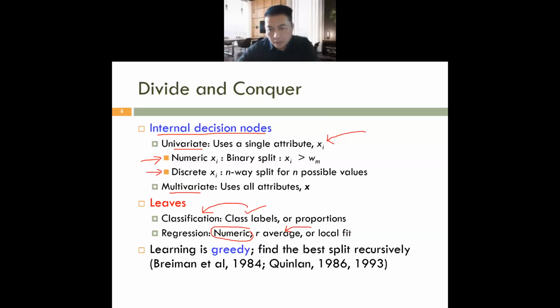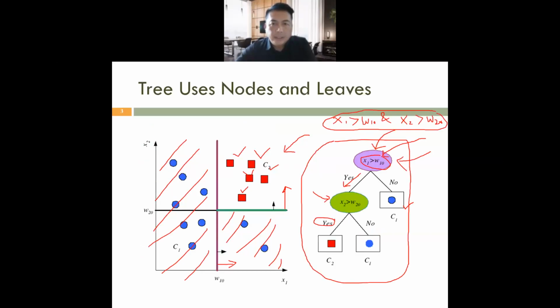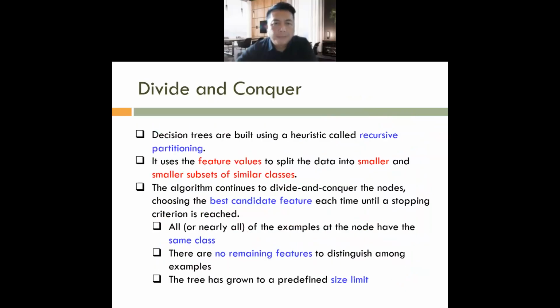So this can be applied in regression tree. Okay, so when we build the decision tree, we are using a greedy algorithm in which we try to maximize the information gain or the entropy for each of the branches that we have. So we will look into that one later on.